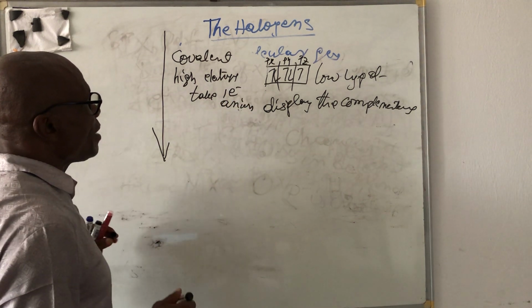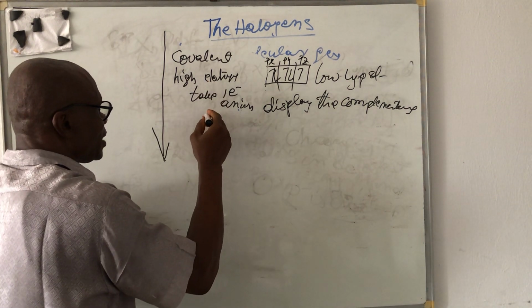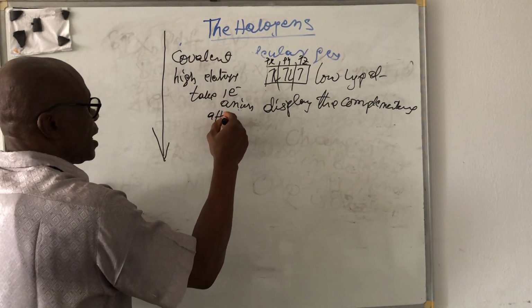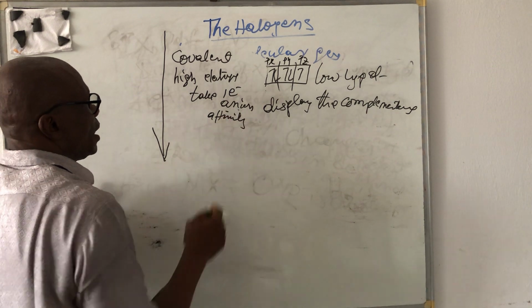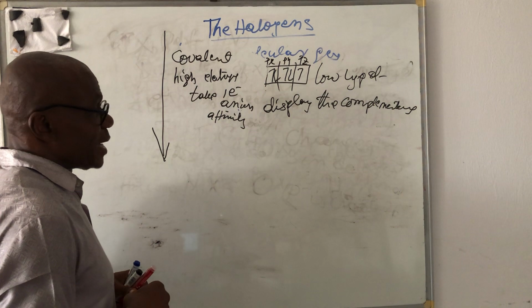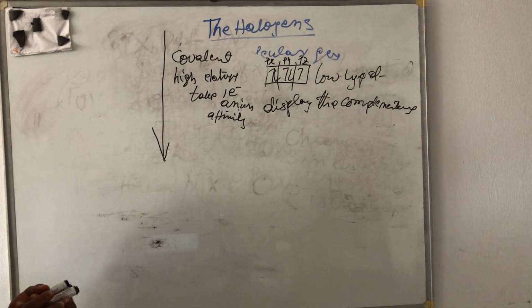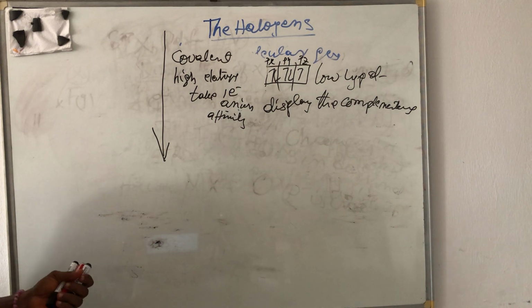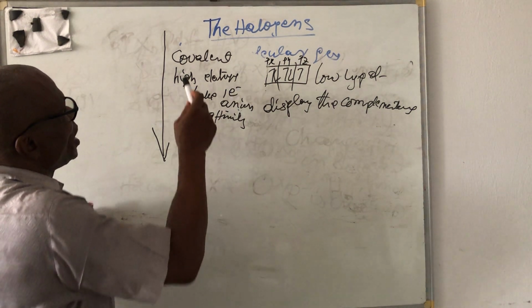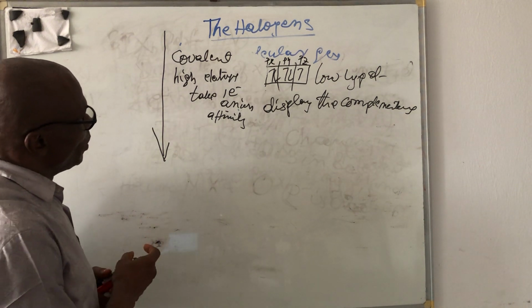Because they have very high electronegativity and high electron affinity, they are able to accept one electron. Besides accepting an electron, they are also able to share their valence electron to form covalent bonds.